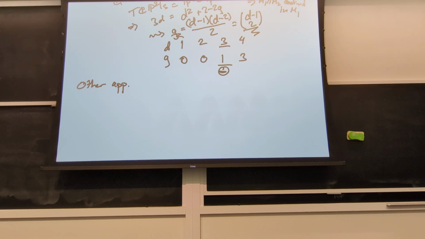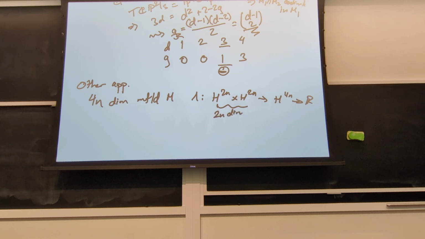Other applications include this. Let's say that you have a 4n dimensional manifold M. Then by the wedge product, you go from H2n cross H2n to H4n, which you end up with R. You should think about these as 2n dimensional submanifolds.